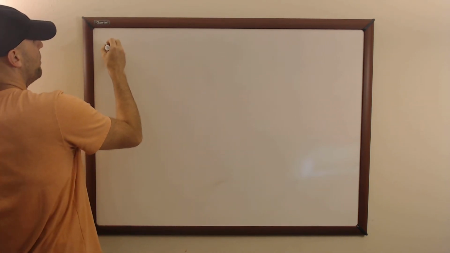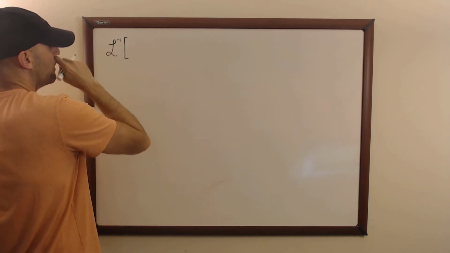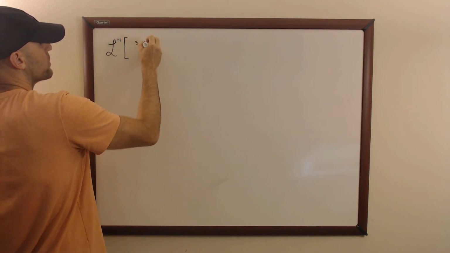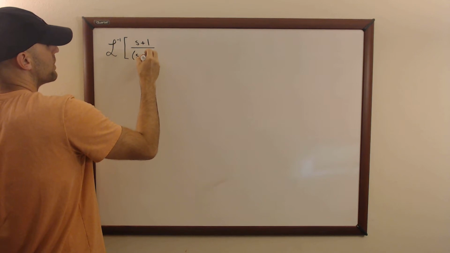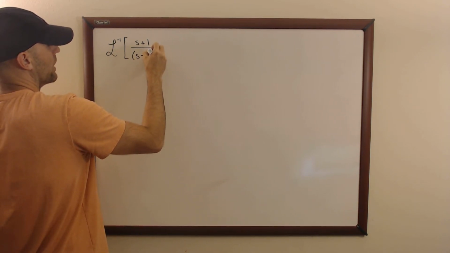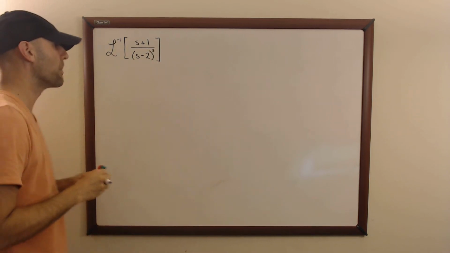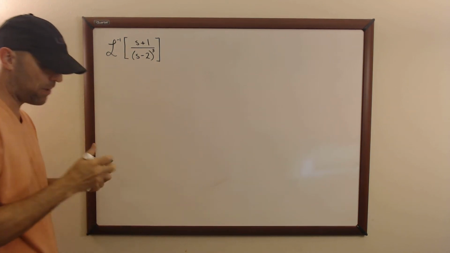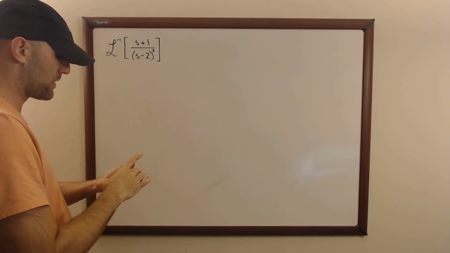So for example, let's do the inverse Laplace transform of, let's say, s plus 1 over s minus 2 cubed. Don't know, I'm making that up off the top of my head. It might turn out badly. So again, I know I need to decompose this. So I know how to decompose this fraction.